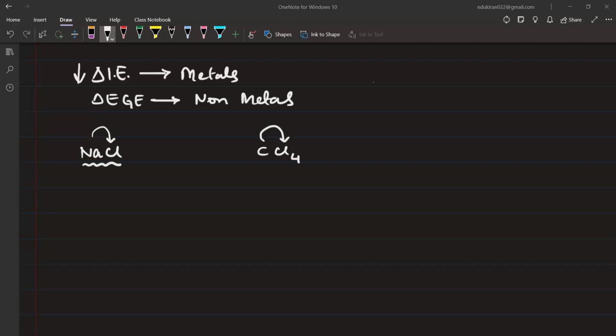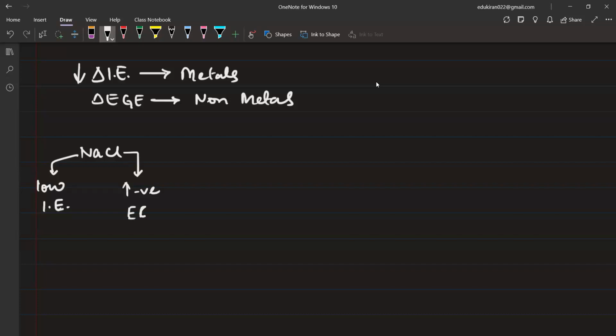How is that possible? That is only possible because we have two different elements and their properties are different. Sodium has low ionization enthalpy, and chlorine has high negative electron gain enthalpy.